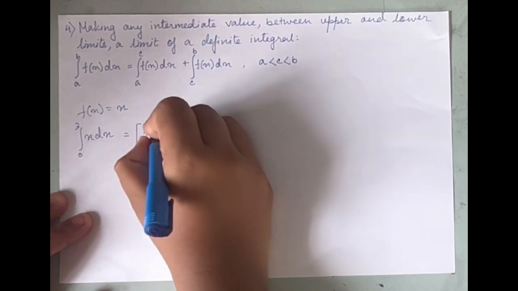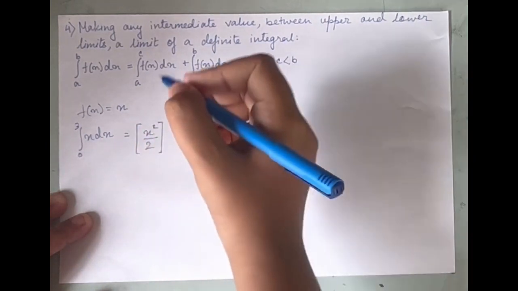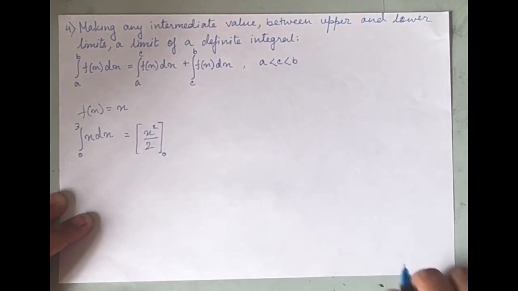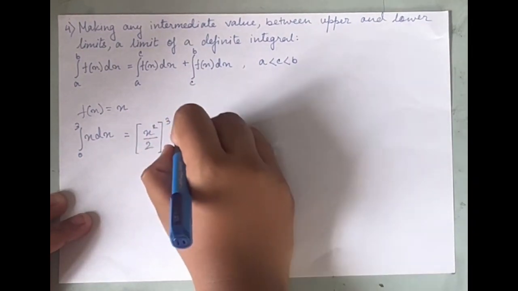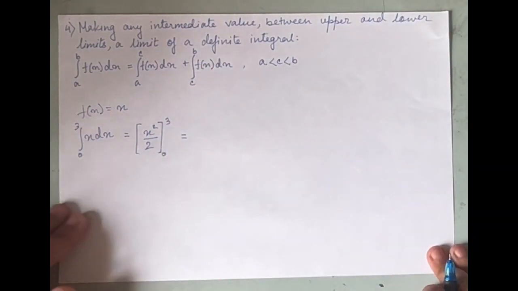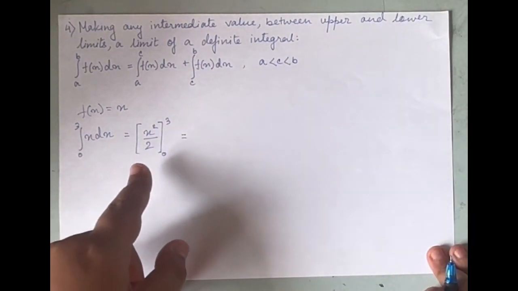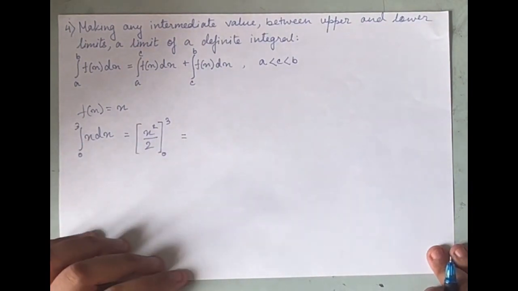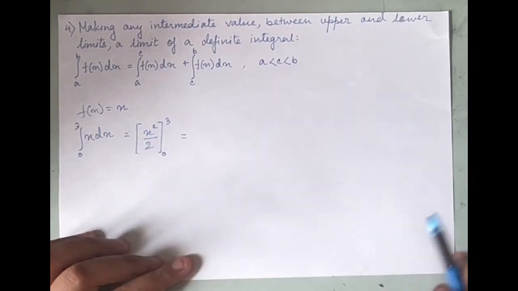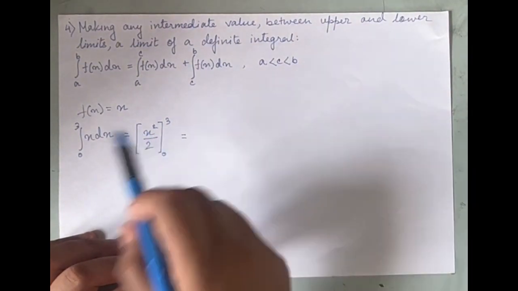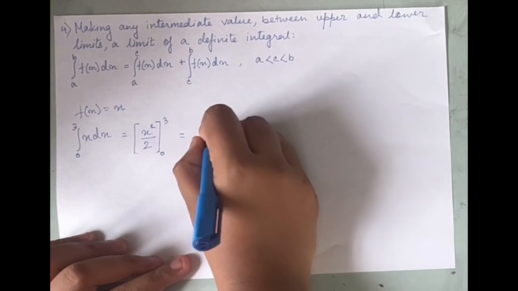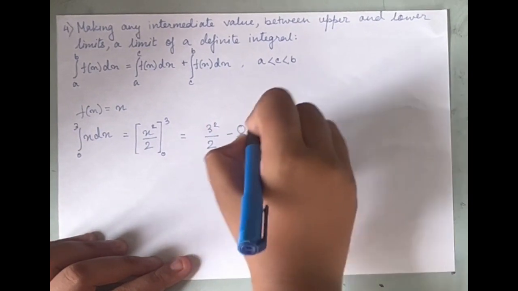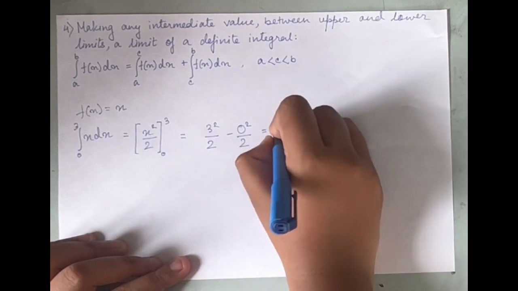We need to write a box, and on the lower side you have to write the lower limit, and on the upper side you have to write the upper limit. So this is how we should write the next step of integration. Now put the values of 3 and 0 in this x: 3 square by 2 minus 0 square by 2, which is equal to 9 by 2.